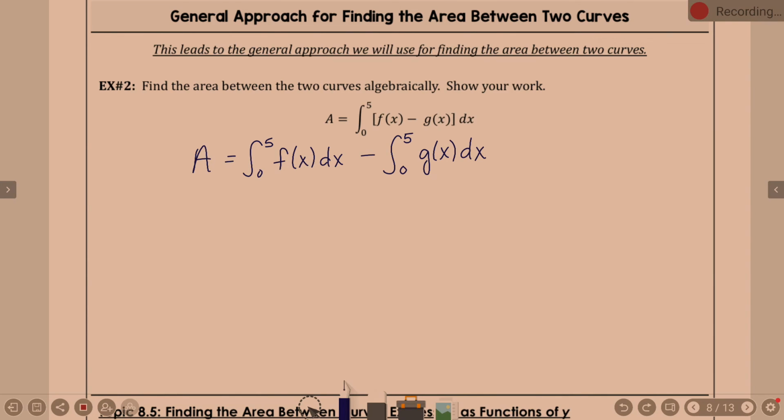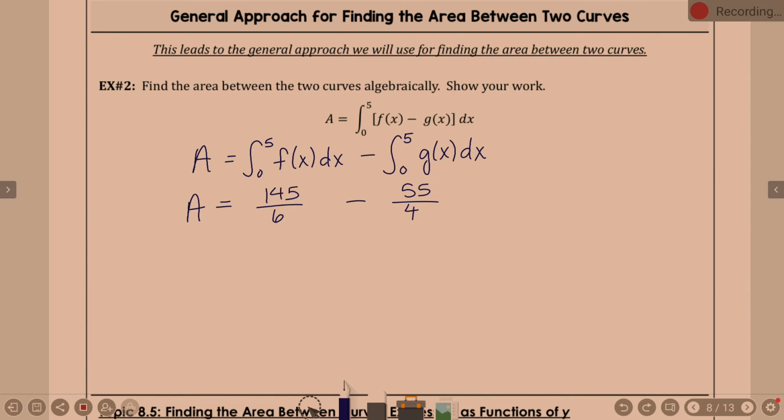And we have those values already, don't we? We did all the math on the other page. (145 over 6 minus 55 over 4).